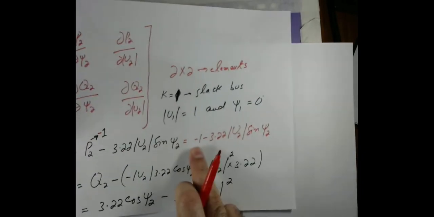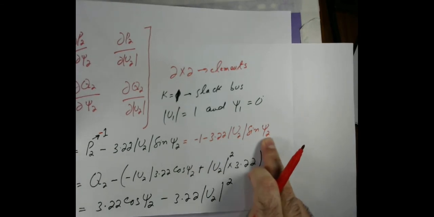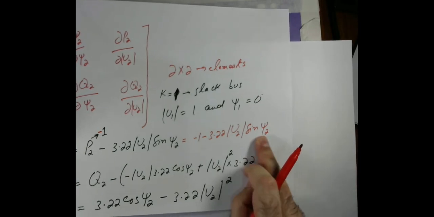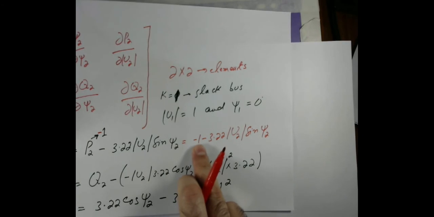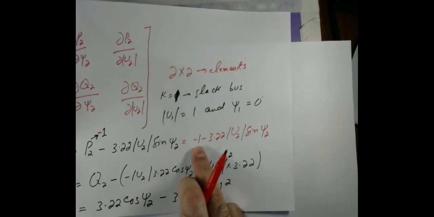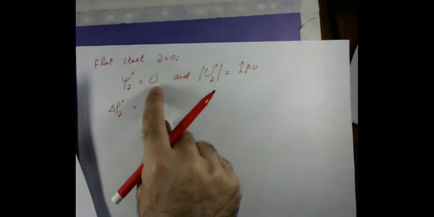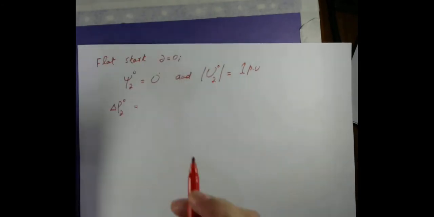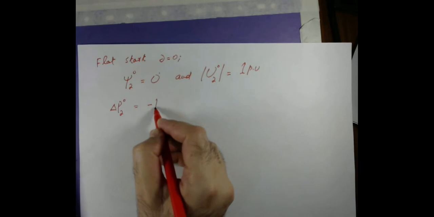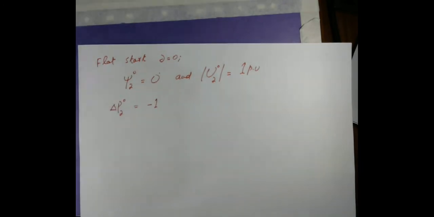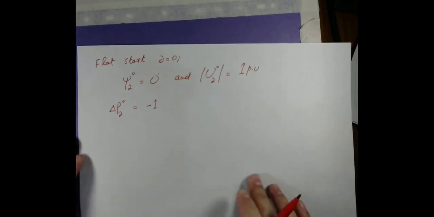So that will become minus 1 minus 3.22 times 1, and if you look here, the angle is 0, so the sine of the angle is 0. This will become 0, so delta P2 will be only equal to -1. That will become -1.